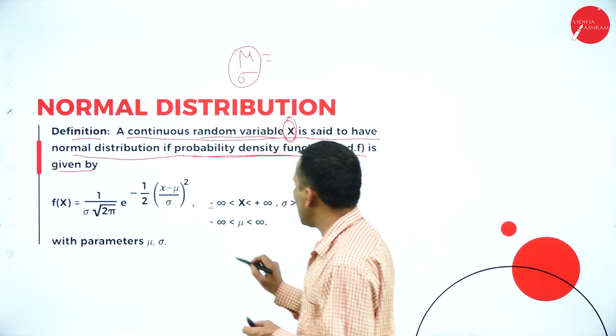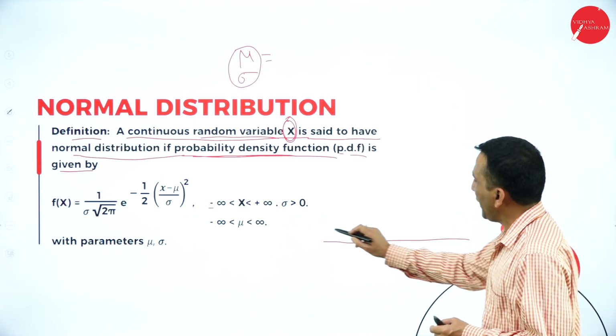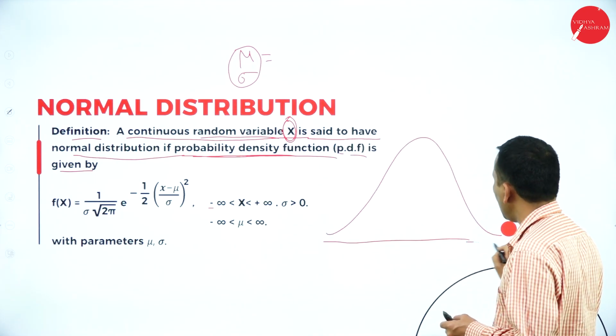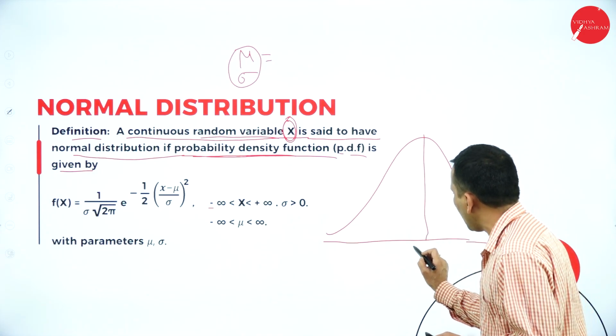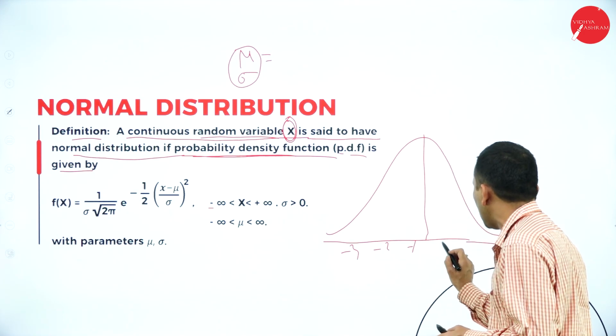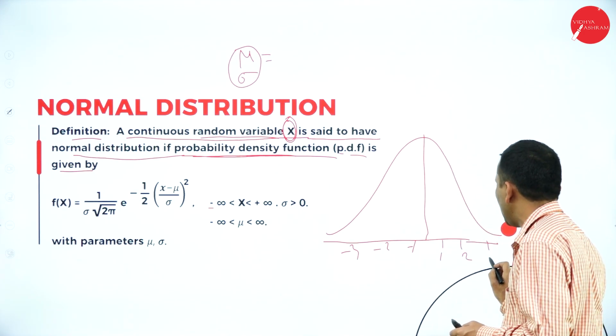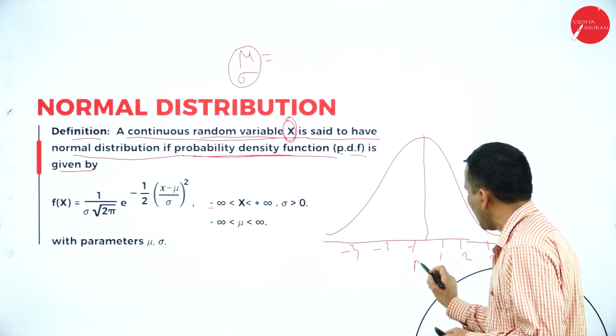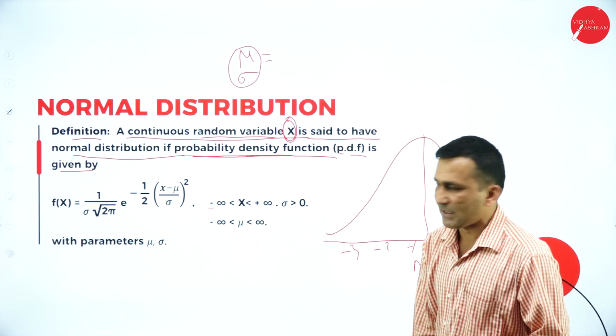One more time I am drawing this bell-shaped curve. Here on the minus side we have minus 1, minus 2, minus 3, and here plus 1, plus 2, plus 3, which is nothing but mu equal to 0 in this case.